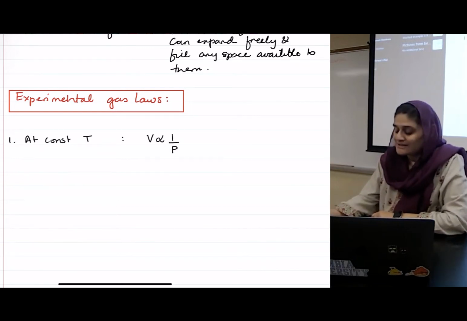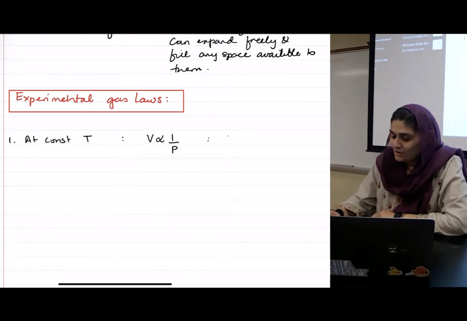So at constant temperature, the volume is inversely proportional to the pressure of a gas. That is called Boyle's law.